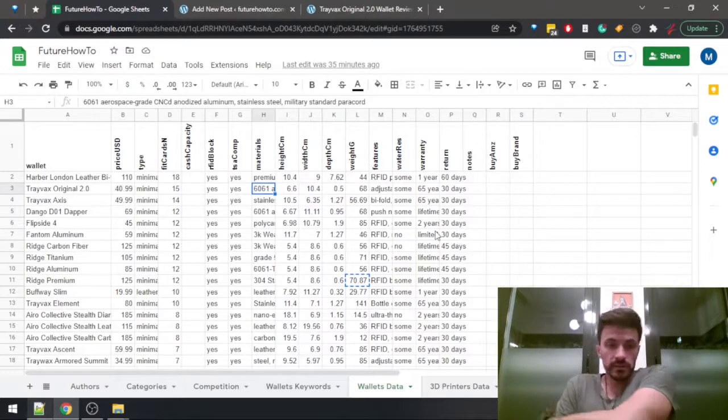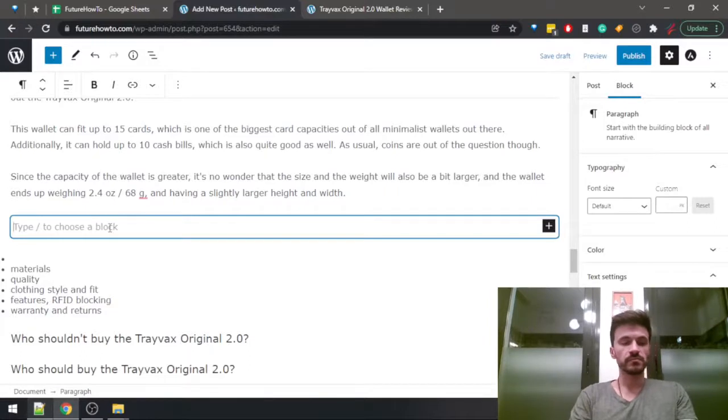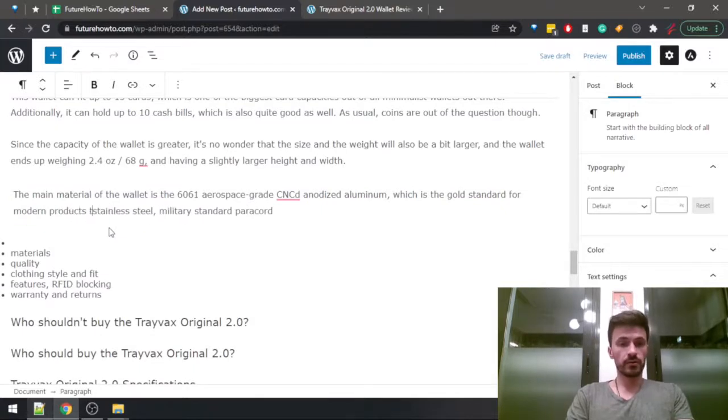So if I remember correctly, the main material of the wallet is the 6061 aerospace grade CNC anodized aluminum, which is the gold standard for modern products that are both durable and lightweight.